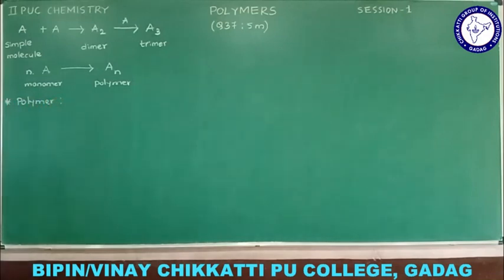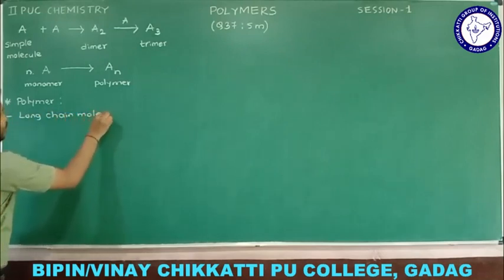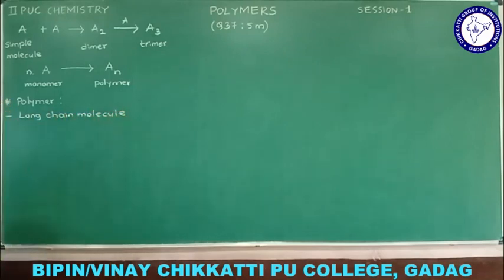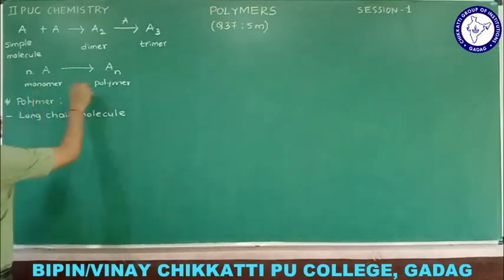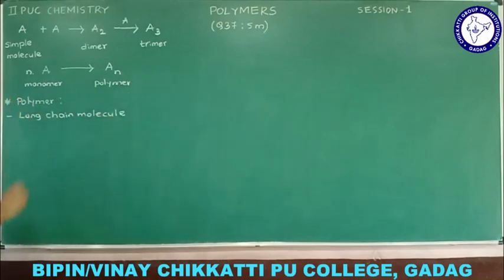So we will see what keywords are to be used while defining the polymer. I told you already, polymer is a long chain molecule. Try to know that one. Why is it a long chain molecule? Because the monomers combine, and you get a very big molecule, a long chain molecule.